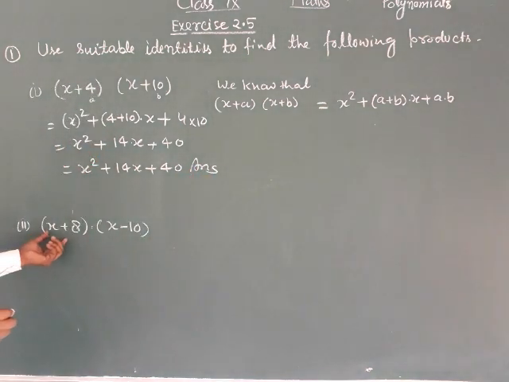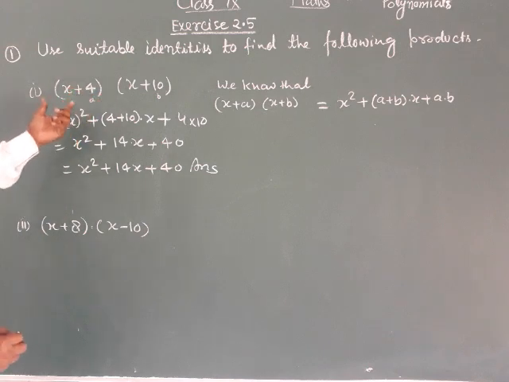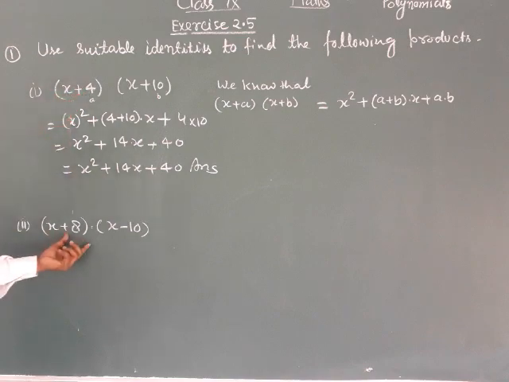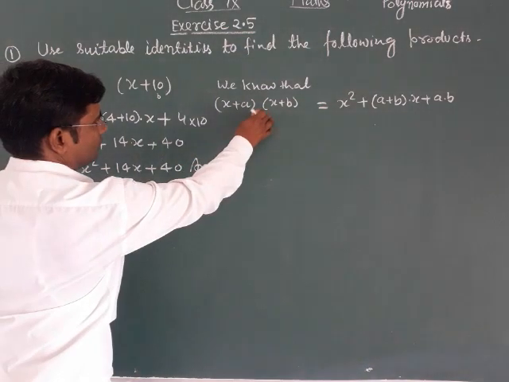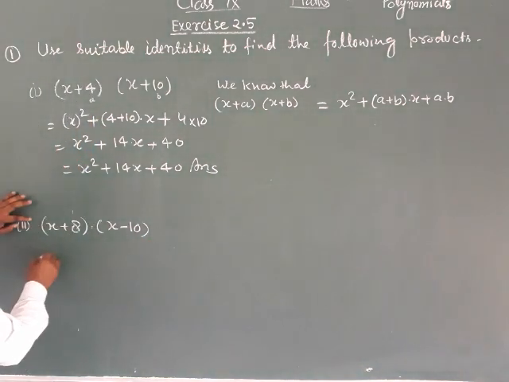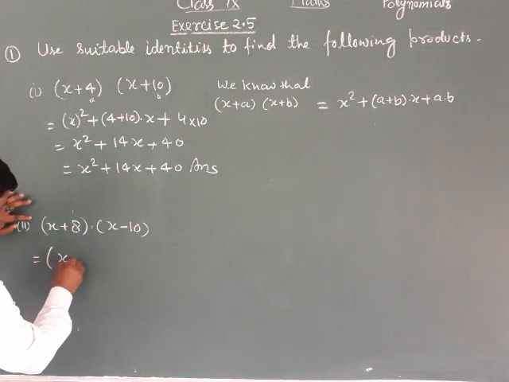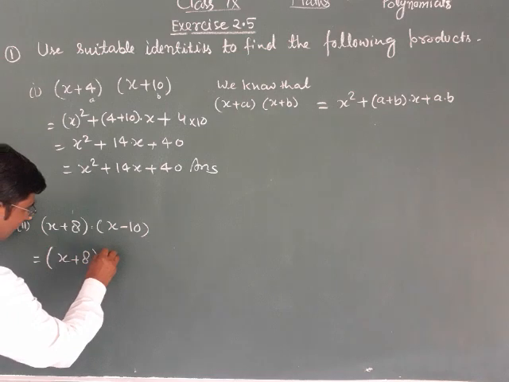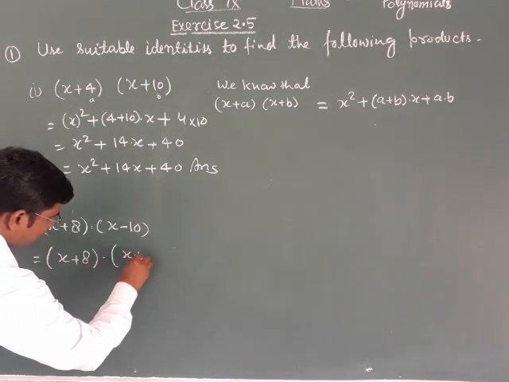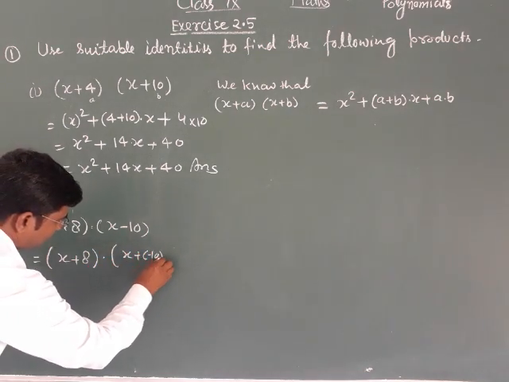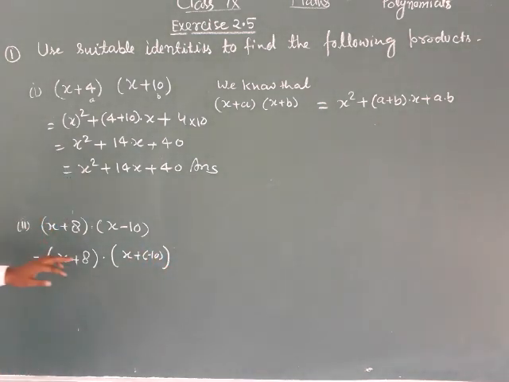And another, now use this formula. According to this identity you can solve the question. Now the next one is (x + 8) and another bracket (x - 10).